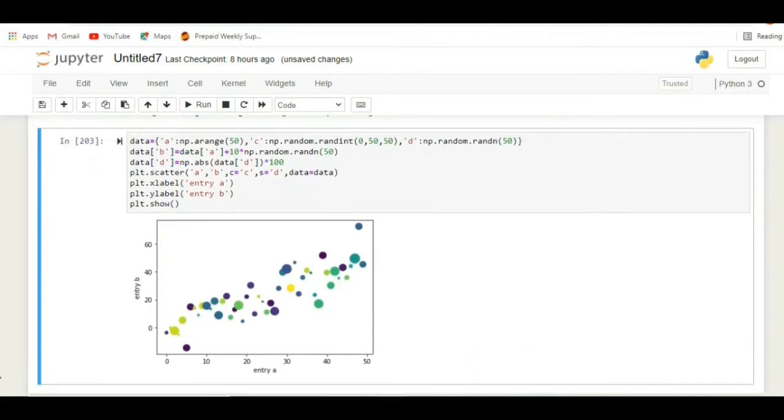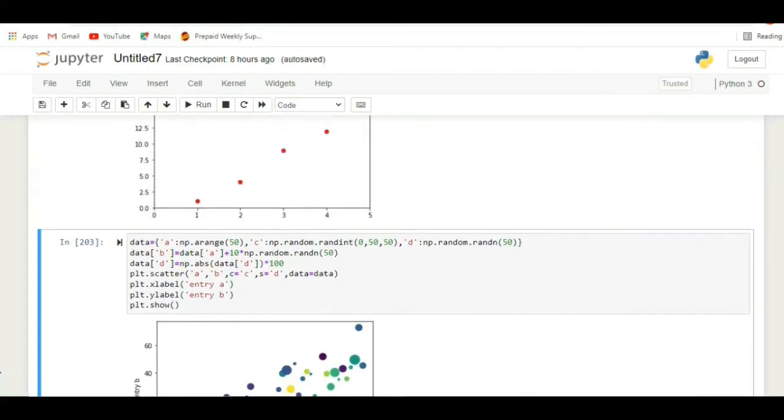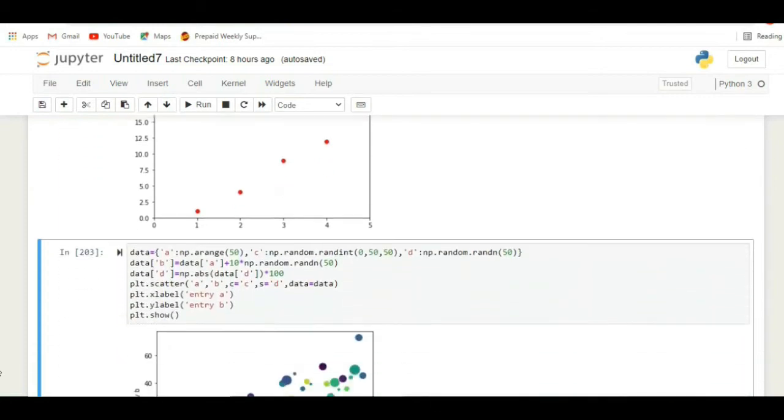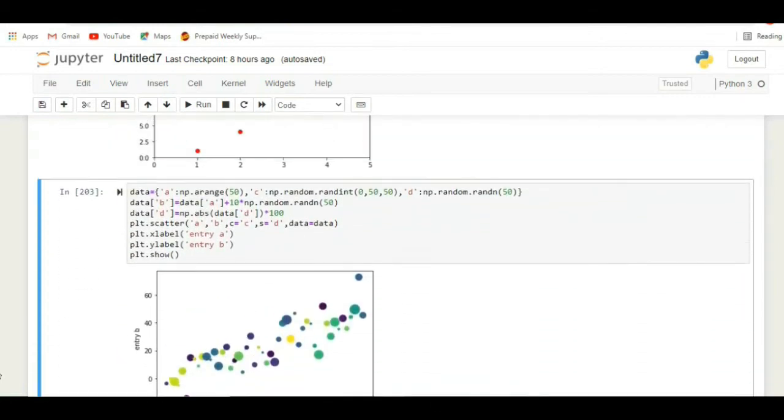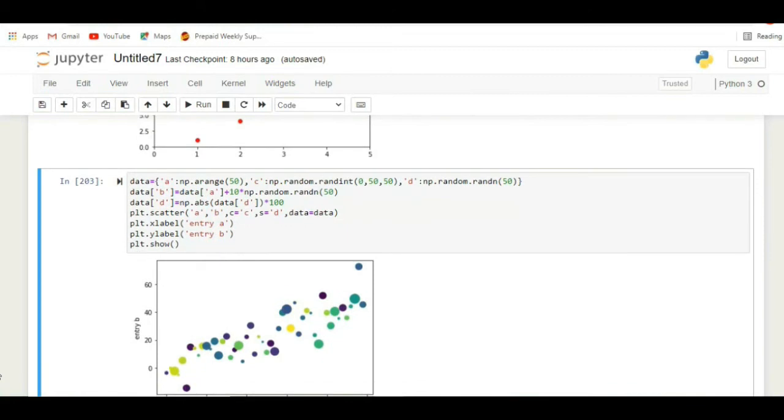On the x-axis we have entry A, on the y-axis we have entry B, and there is another code that I have written before, but I will not explain that graph. I am copying that code and will paste it over here, and we will check the result.